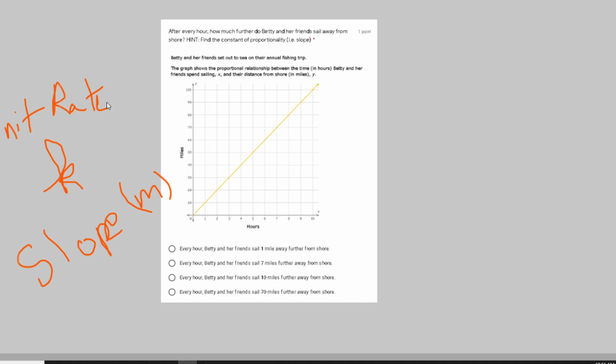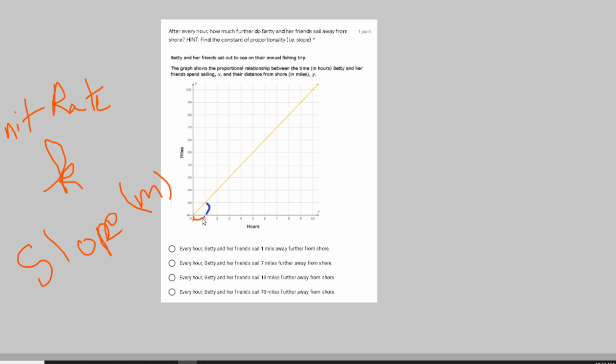So really what we're trying to see is, every hour, how much further is Betty getting from shore? Well, after 1 hour, this is going up by 10 miles. It's going from 0 to 1 on the x, but it's going from 0 to 10 on the y.